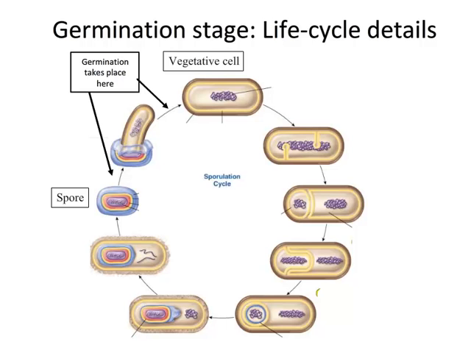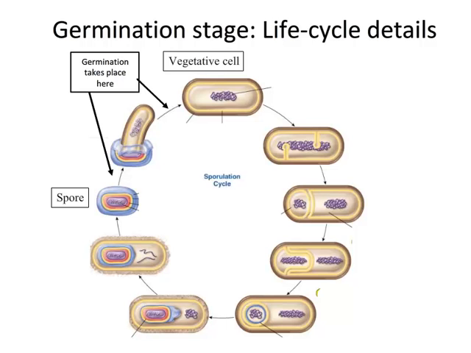Now I think this diagram is kind of interesting because if you look at the spore, if it's the face of a clock, it would be in the number 9 position, and you look at the vegetative cell in the 12 o'clock position, there's just one other image between the spore and the vegetative cell. And that one little tiny image is supposed to represent all the steps of germination.